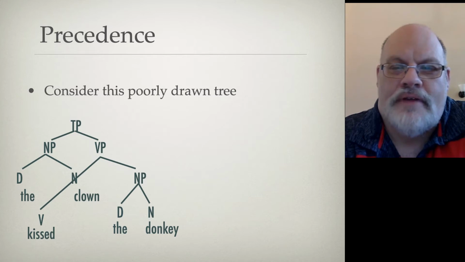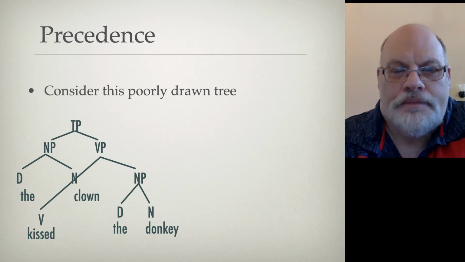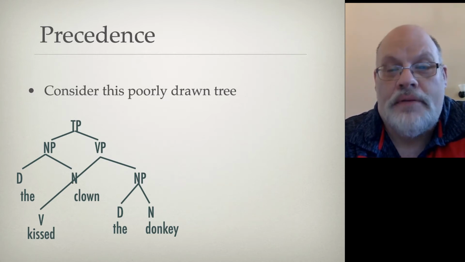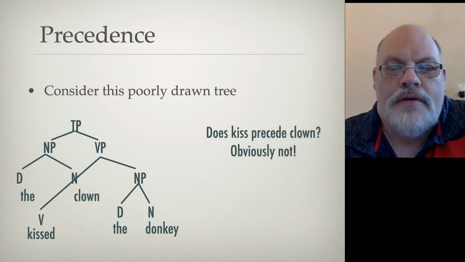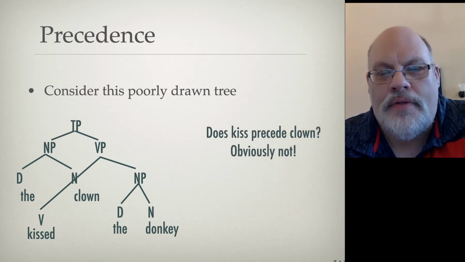Well, that's got to be false in this case. Even though kiss is to the left of clown, clown clearly precedes kissed, because when you say it, the clown kissed the donkey, the clown comes first. So we have to do something about this.